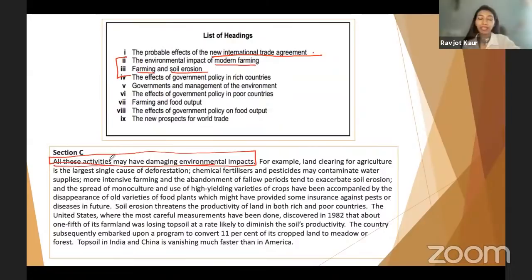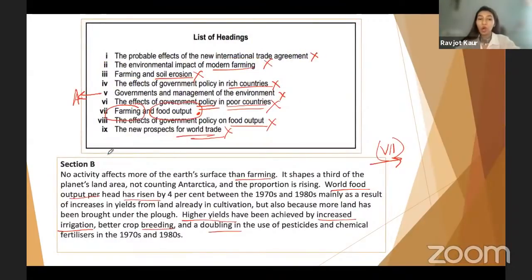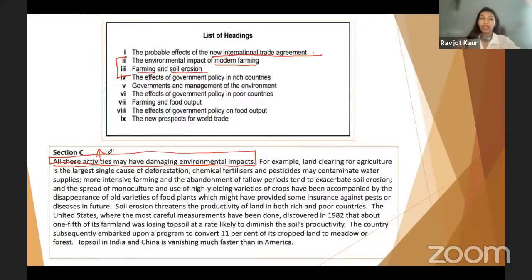What activities are they referring to? In the previous paragraph, if you read, they talked about farming. They are referring to these activities that are used for farming, which may have damaging environmental impacts. Now, from here on, they're talking about the example. So this is not at all about only soil erosion, farming and soil erosion. No, that's the example they have given.